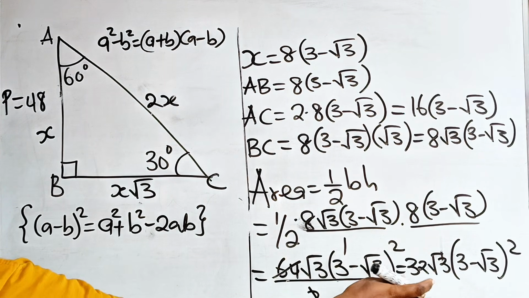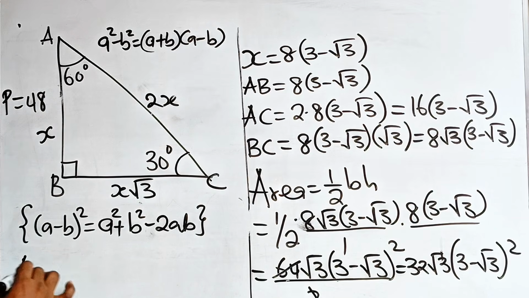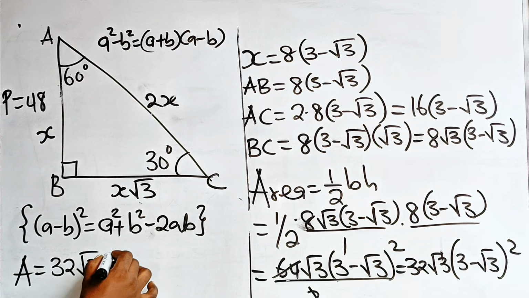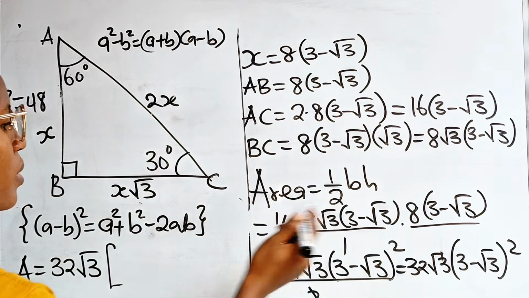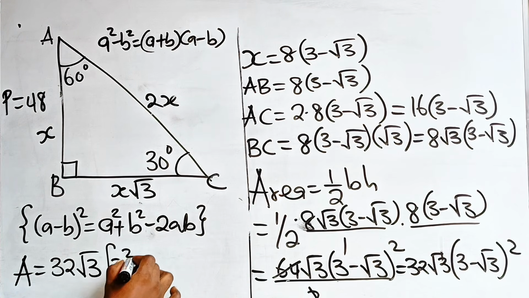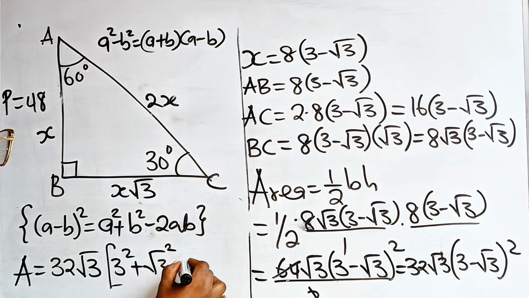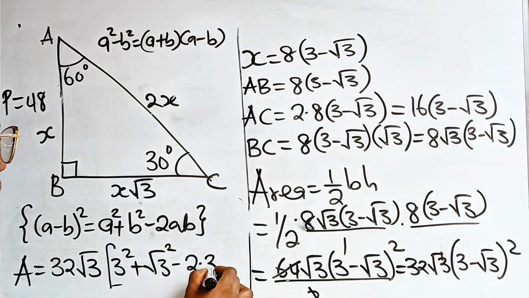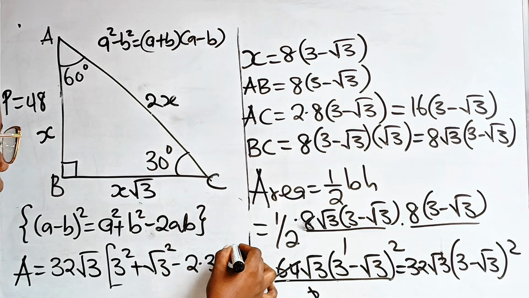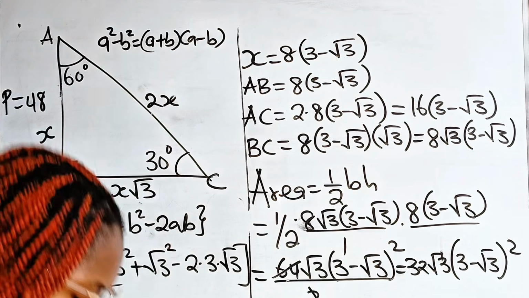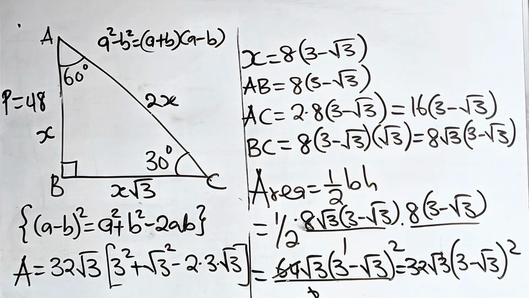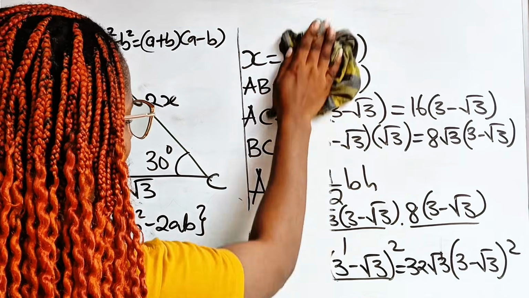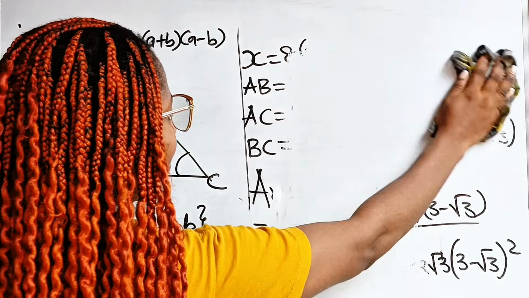So it means that we can rewrite the area as 32 root 3 into 3 squared plus root 3 squared minus 2 multiplied by 3 multiplied by root 3. This is what we are going to have. And we are almost there.